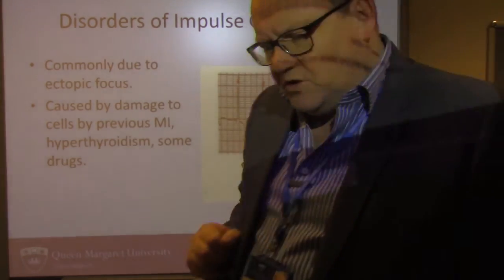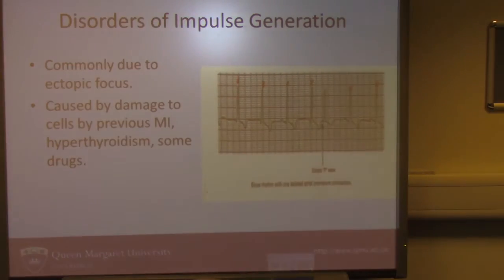Again, I'm just going to have a quick look at the screen here. I've got a feeling these may be quite difficult to see on the screen. You can just about make them out with the red peaks. That's just showing you, if you like, a disorder of impulse generation caused by an ectopic focus. So if you look at the first 4 peaks, they have all got the same shape.